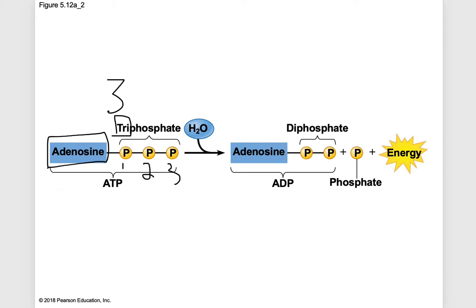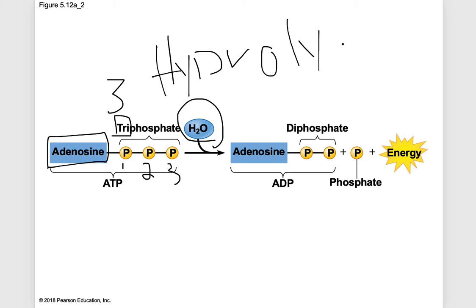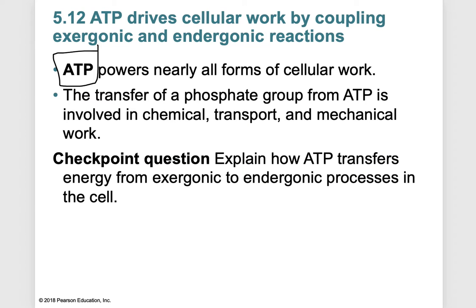What happens is we put a molecule of water in, something called a hydrolysis reaction, which we may have talked about before. Hydrolysis breaks apart a bond between the phosphates. As this bond is broken between these phosphates, it releases energy. That is how energy is released when these ATPs are broken up.